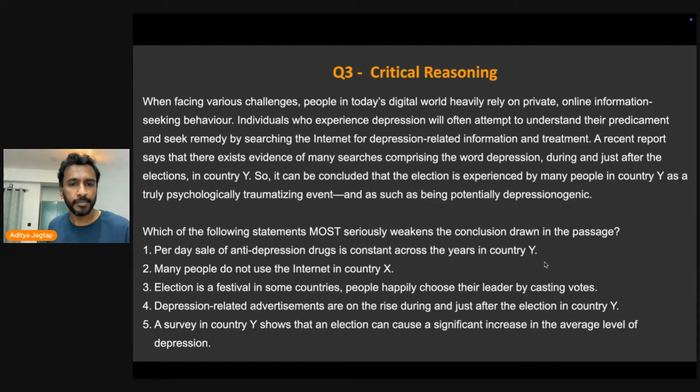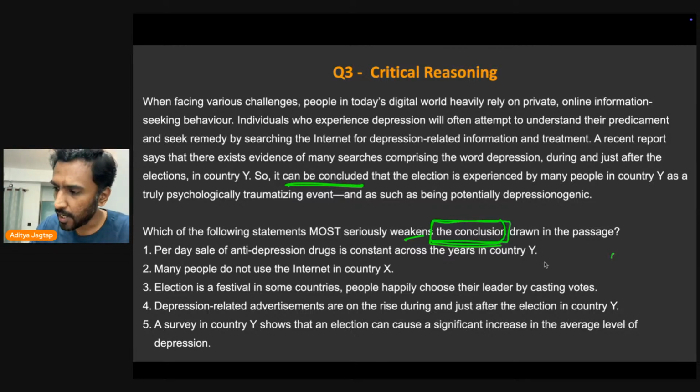Which of the following statements most seriously weakens the conclusion drawn in the passage? Remember to be accurate with this question type, which is the strengthening, weakening question type. You have to be really good at identifying this, right? In this case, they're asking for a conclusion, and it is given to us, so it's fairly easy.